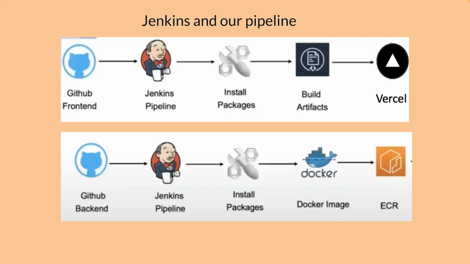The main front-end pipeline installs the required Node.js packages, builds the artifacts, and the entire front-end package is then uploaded to Vercel. This directly deploys the static website to a specific domain. For the backend pipeline, the backend content is first Dockerized into a distinct image, isolated with a version tag, and then pushed to the ECR for deployment. Next, please.